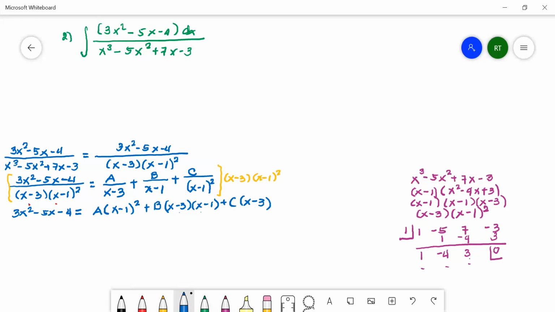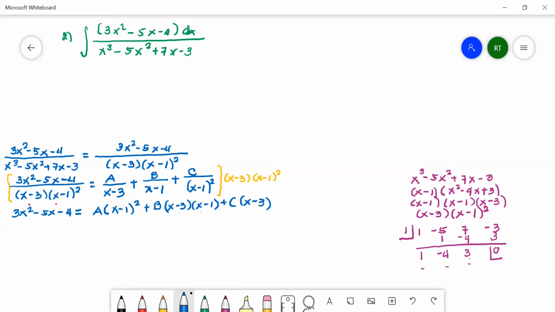Because the values of x that make the denominator 0 are not sufficient for us to solve for the values of the constants A, B, and C. So we are going to use another method to determine the values of A, B, and C. But of course, we will first have the values of x that make the denominator 0, and these are x equal to 1 and x equal to 3.